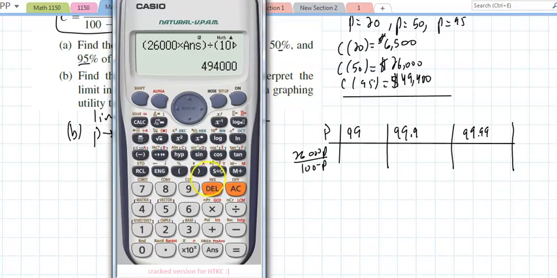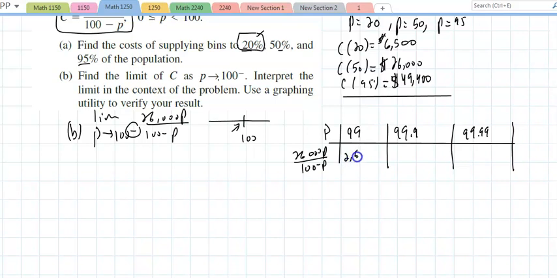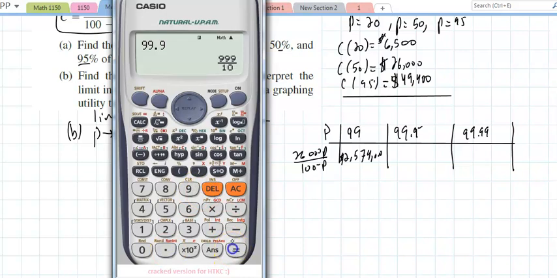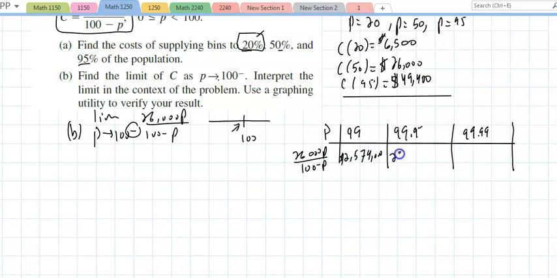Here's my calculator. I already have 26,000 p, right? So if I go for 99 and evaluate, I'll get 2,574,000 dollars. If I go for 99.9, I get 25,974,000, so it'll cost 25 million.